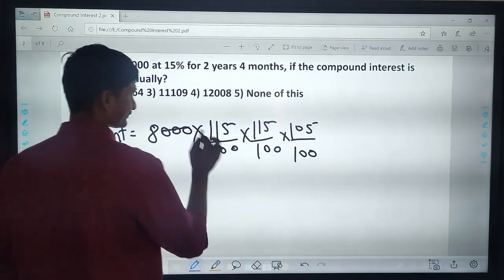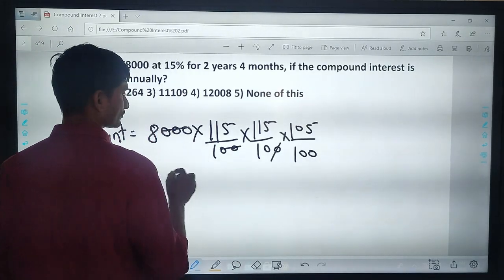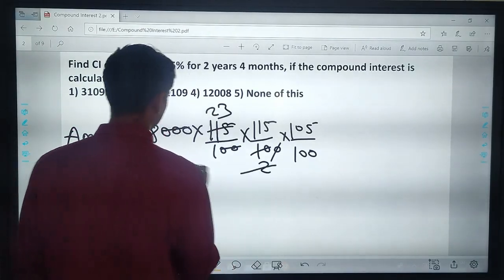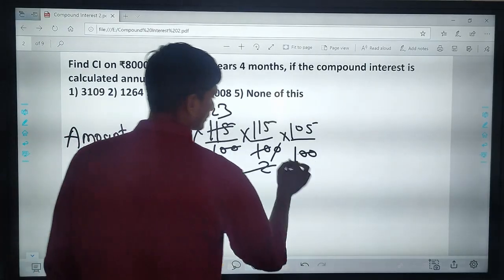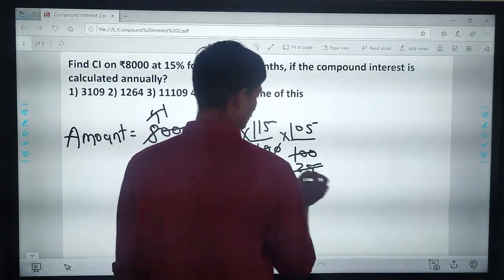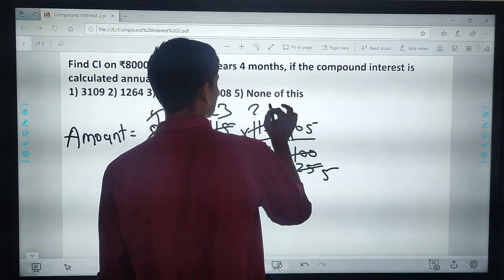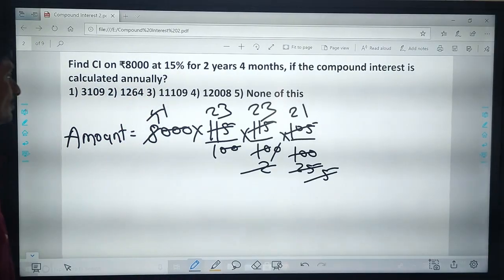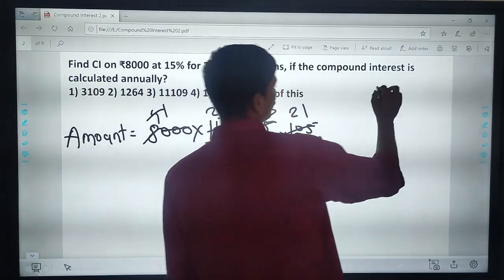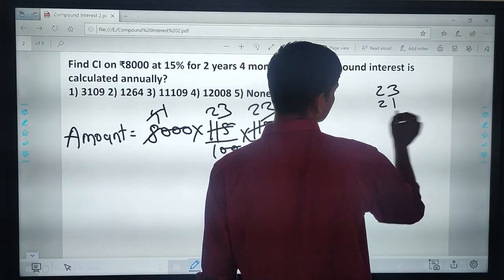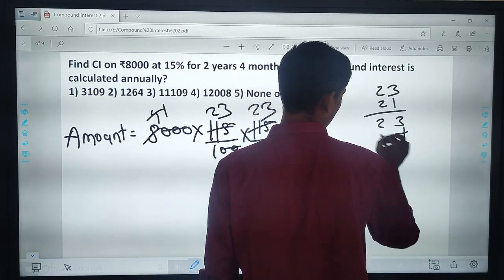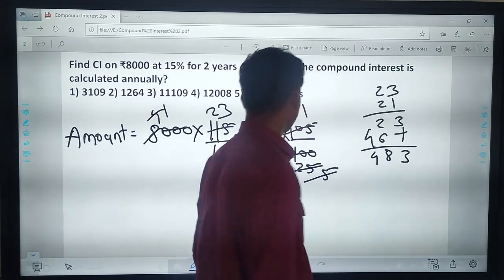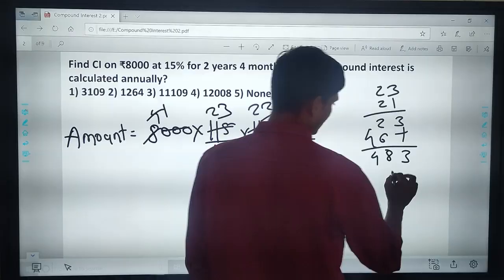Now we get the calculation of these two. 23 into 21. 384 multiplied by 23.